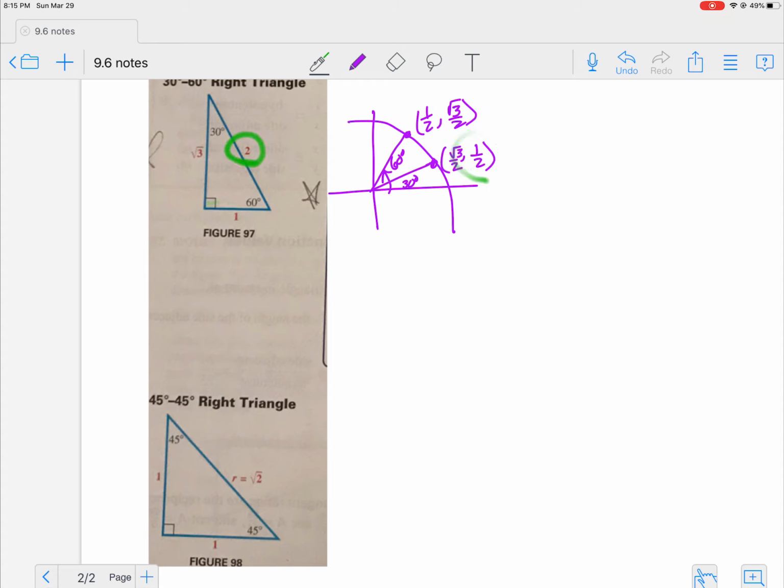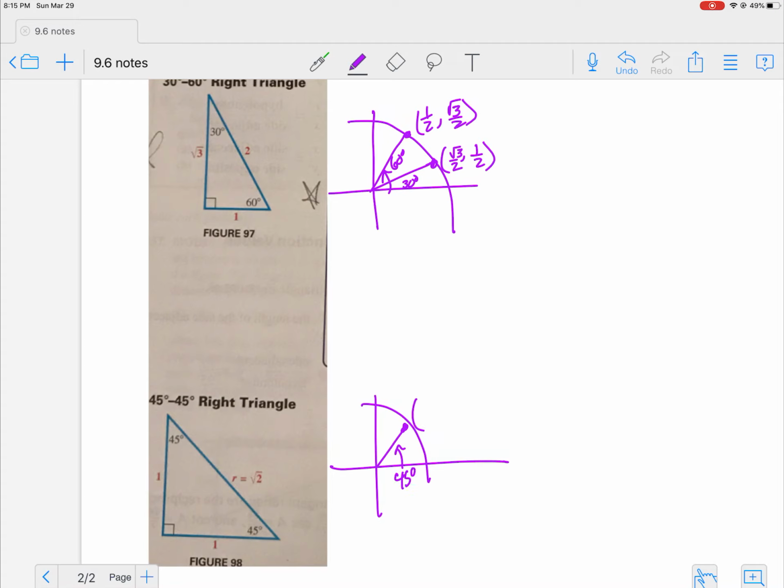The sine of 30, SOHCAHTOA, opposite over hypotenuse. The sine of 30 is 1/2. You can also get it from 1 over 2. Do you see that? Same thing. The cosine of 30 is adjacent over hypotenuse, square root of 3 over 2. I just want to point this out to you because I want you to see the connections here between these two values: the unit circle and right triangle trigonometry.